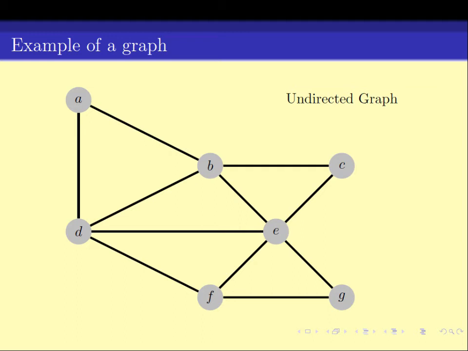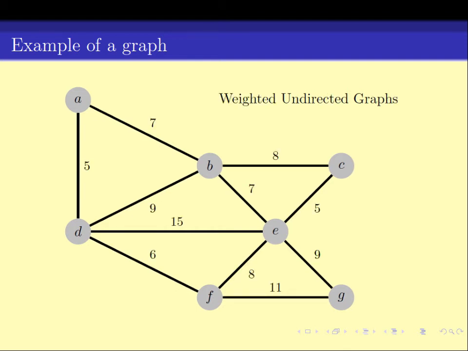For example, think of A, B, C, D here as some cities, and then A to D is a line, meaning there is a flight from A to D, and I want to represent the time taken by the flight. In that case, we would like to put some value on the edges which denotes the flight time.